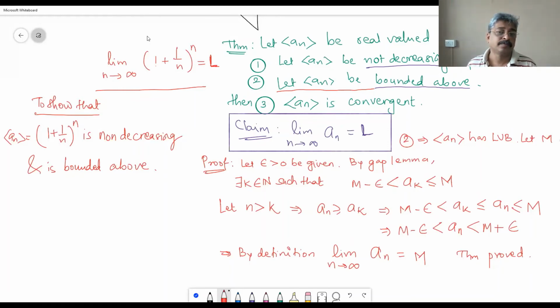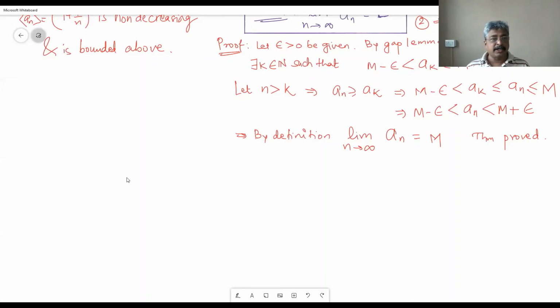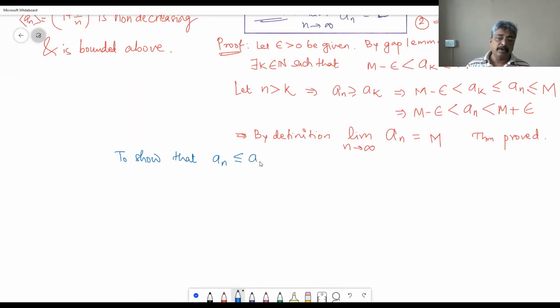To show that it is a non-decreasing sequence, we need to show that an is less than or equal to an plus 1. Now an is 1 plus 1 upon n raised to n, which is less than or equal to 1 plus 1 upon n plus 1 raised to n plus 1.